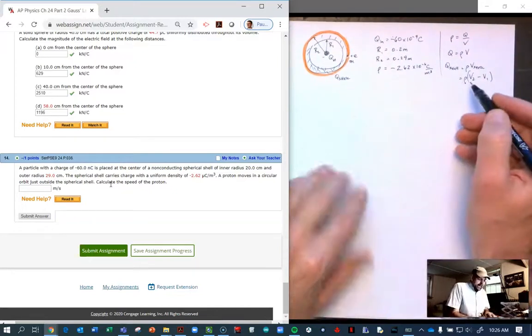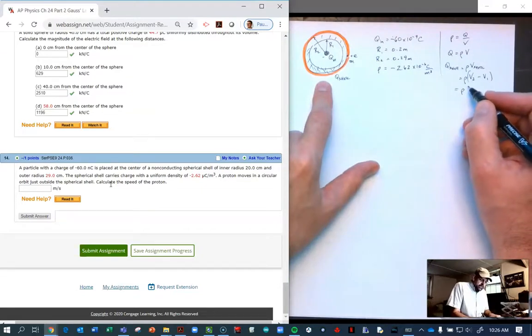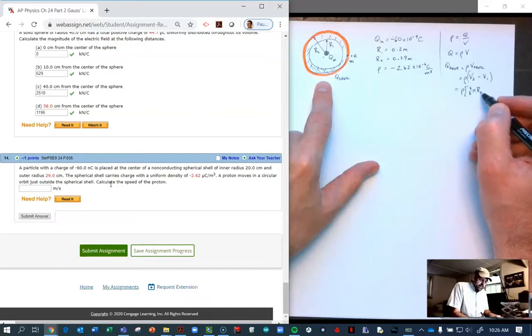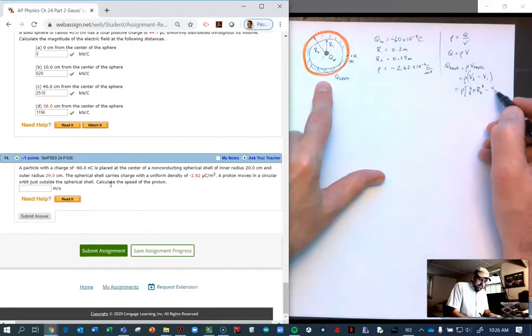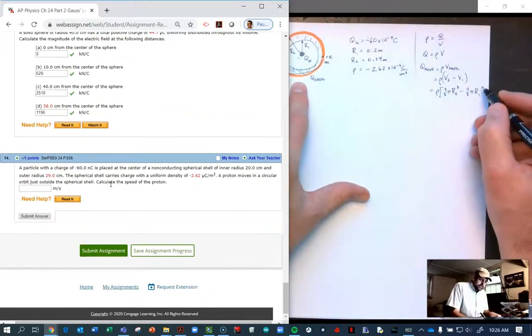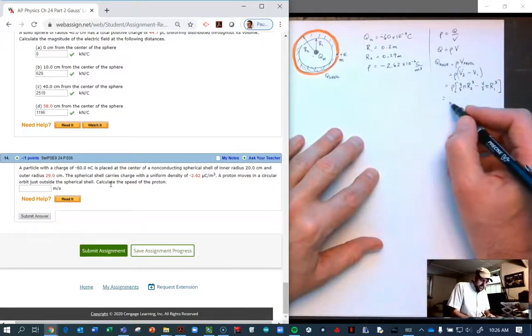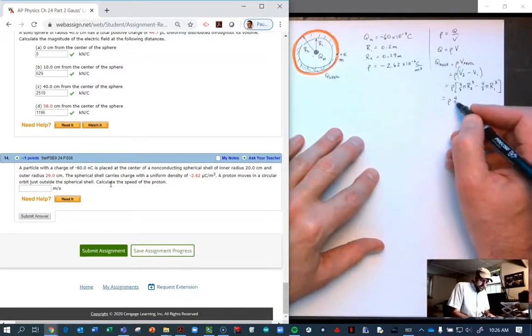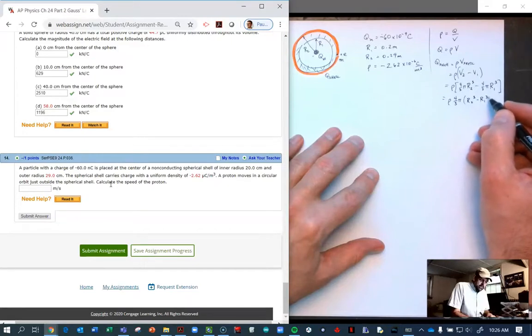Okay, and so these are spheres, so we have a rho. This is 4/3 pi big R2 cubed minus the volume of the inner. Okay, so we can pull out a 4/3 and a pi, and we get R2 cubed minus R1 cubed.